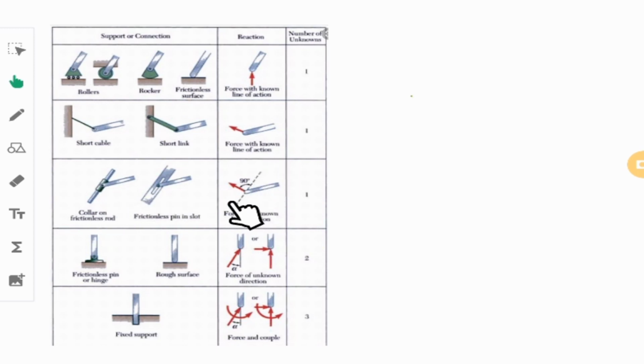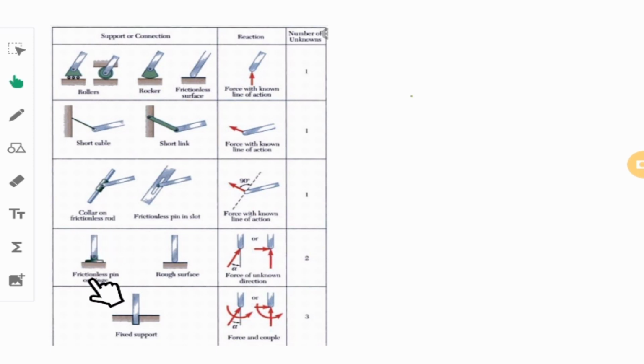For the cases that you have a frictionless pin in a slot or a collar on a frictionless rod, you would have the same story. You would have a force which is perpendicular to the line of the slide or slot.